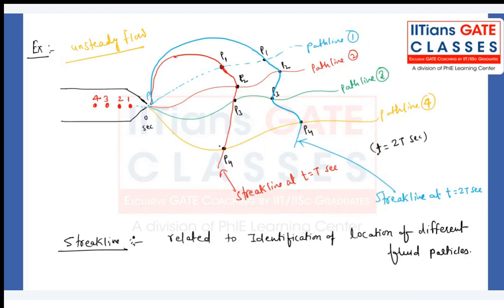You can identify, just by seeing the streak line, particle 1 is here, particle 2 is here, particle 3 is here, particle 2 is here, particle 1 is here, right?